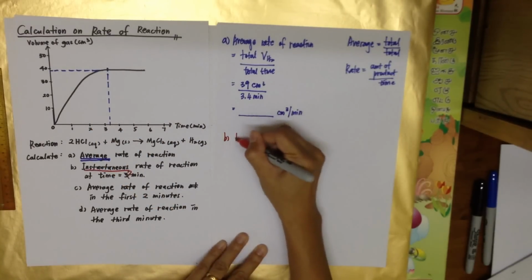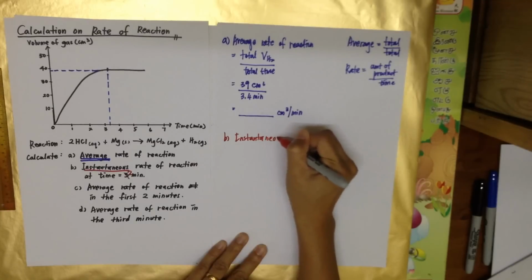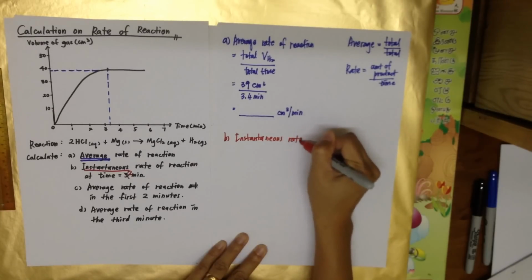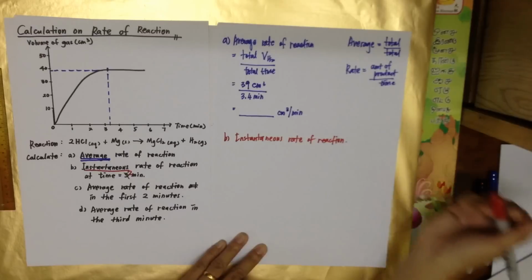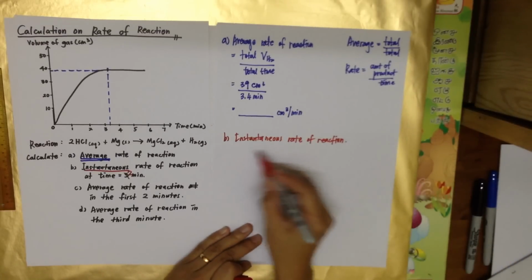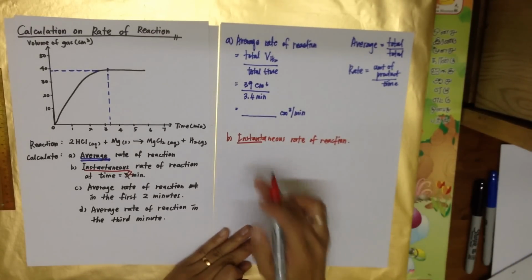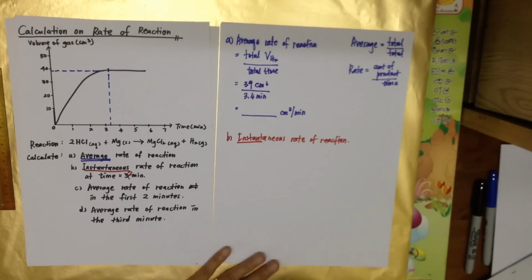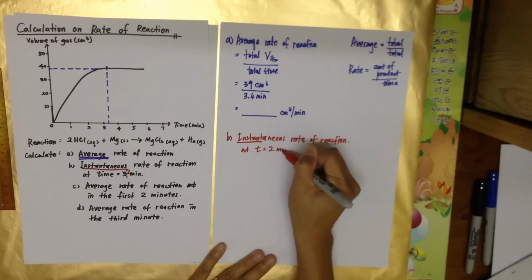What is the meaning of instantaneous? From the word instantaneous, we will see instant. That means it is the rate of reaction at one particular time at t equals to 2 minutes.